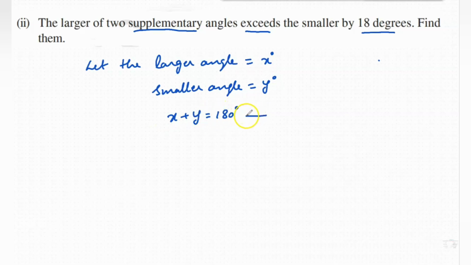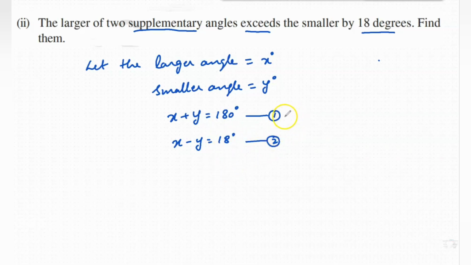This is one of the equations. And also he has told that the larger exceeds the smaller by 18 degrees, so the difference x minus y is equal to 18 degrees. These are the two equations we need to solve.